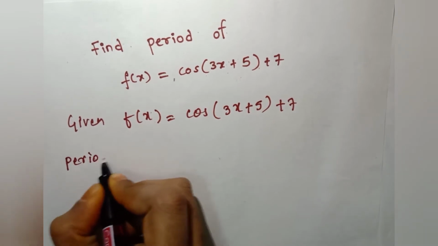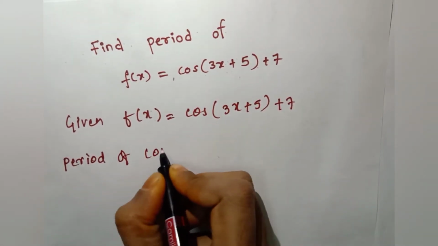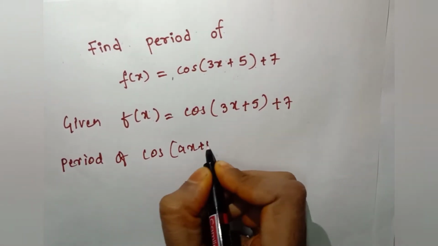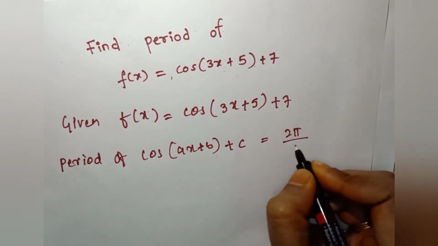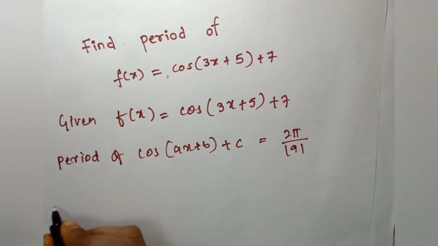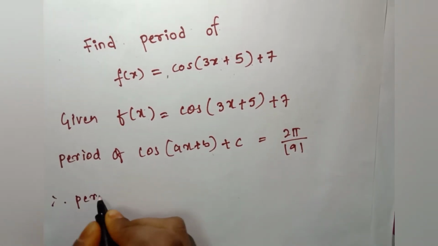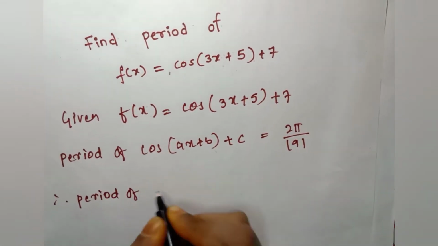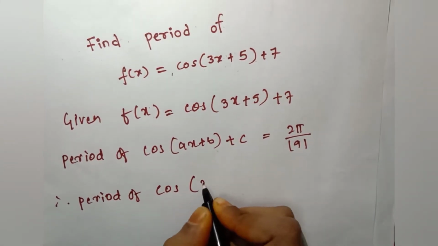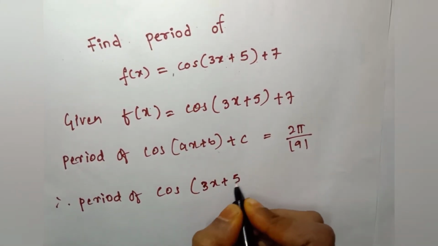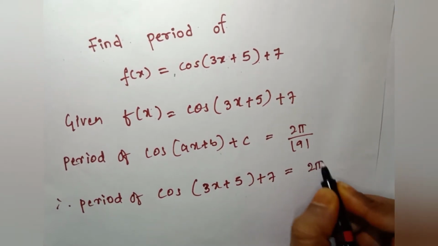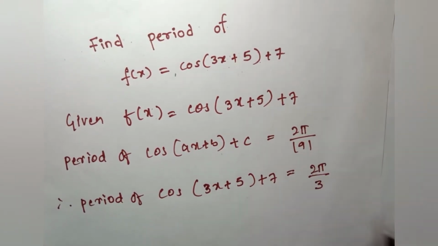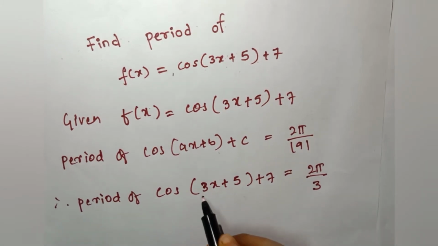We know that the period of cos(ax+b)+c is equal to 2π/|a|. Therefore, the period of cos(3x+5)+7 is equal to 2π/3. Here the a value is 3.